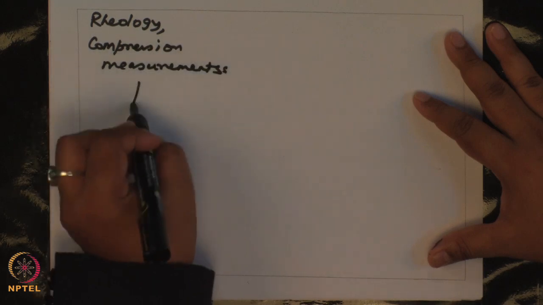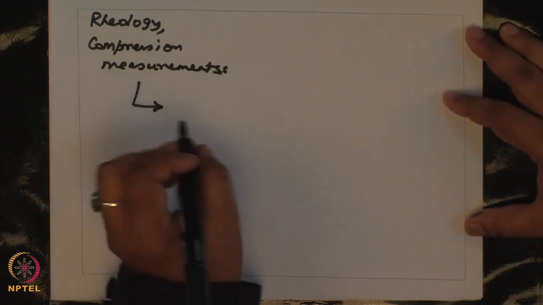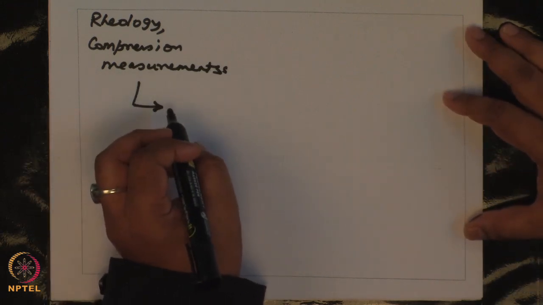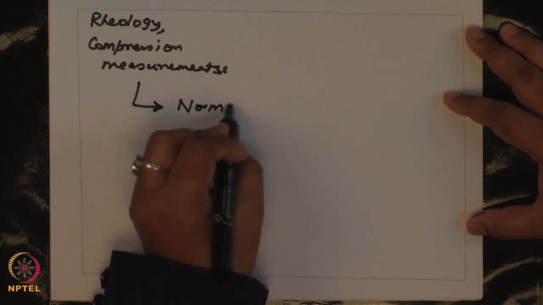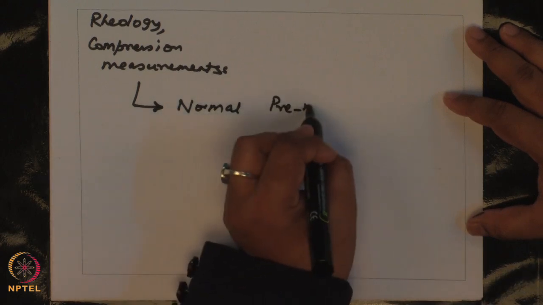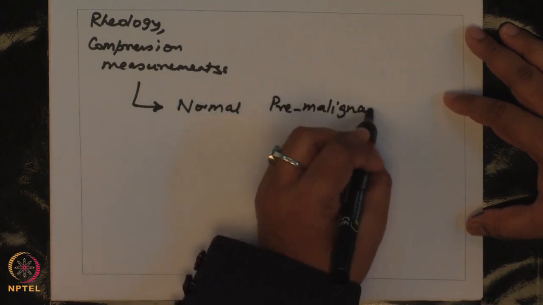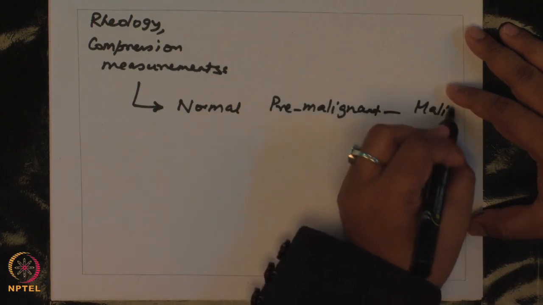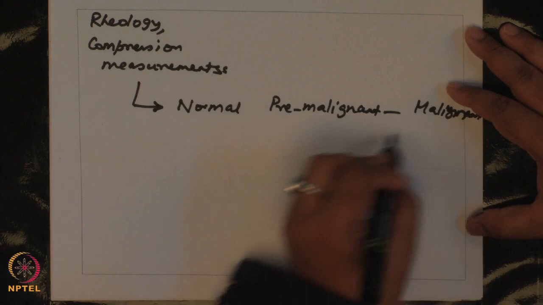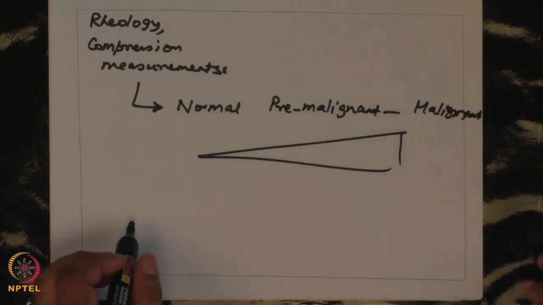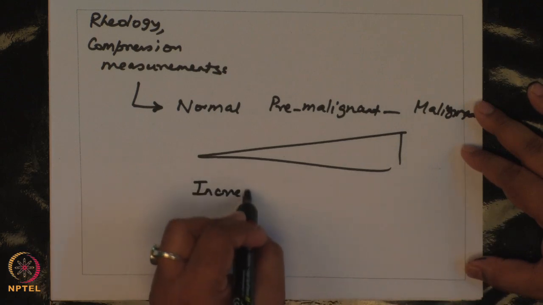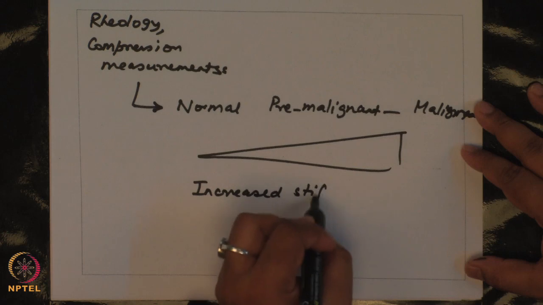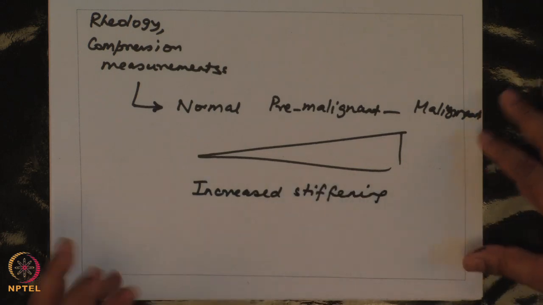These demonstrated that as tumor progresses, so you have normal mammary gland, pre-malignant, and malignant, individual stages, these results demonstrated increase in stiffening. So, there is increased stiffening. And they went further.